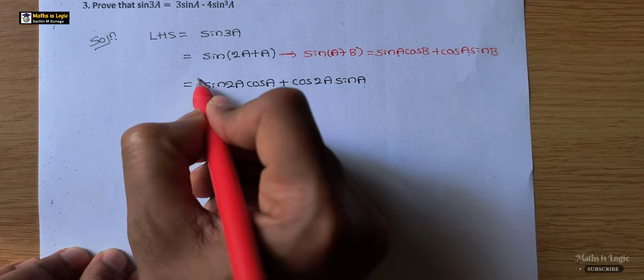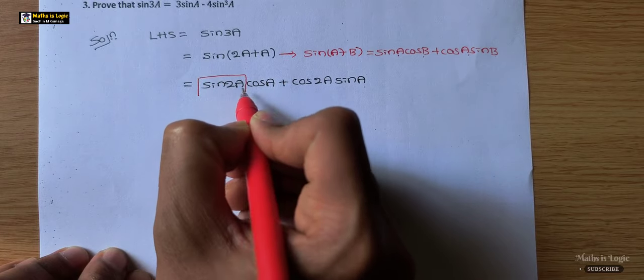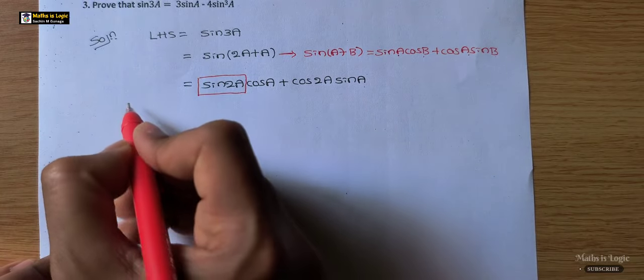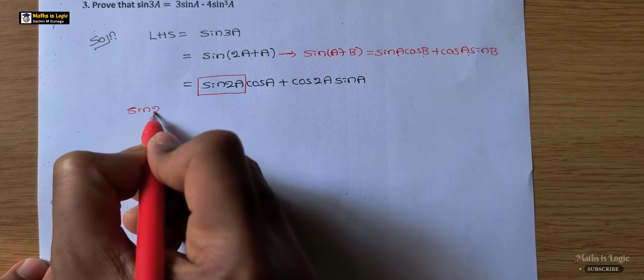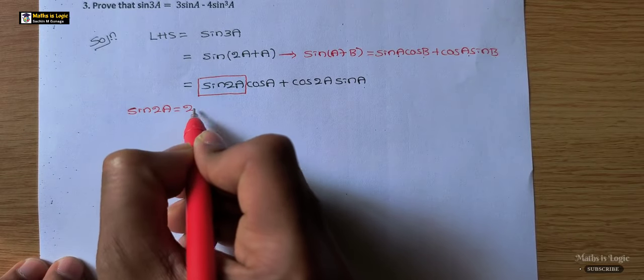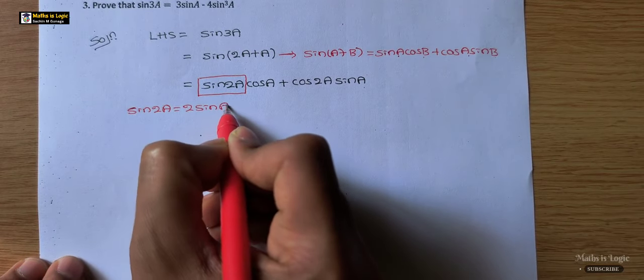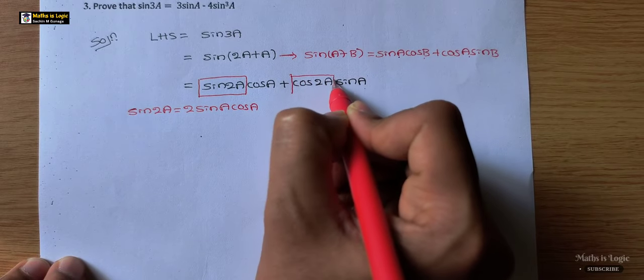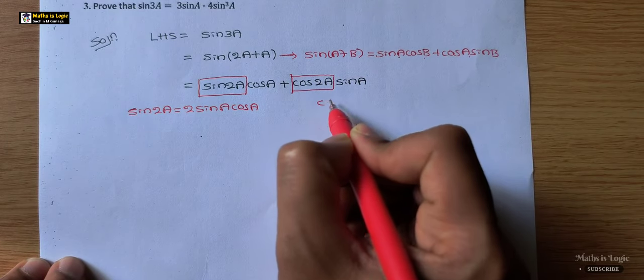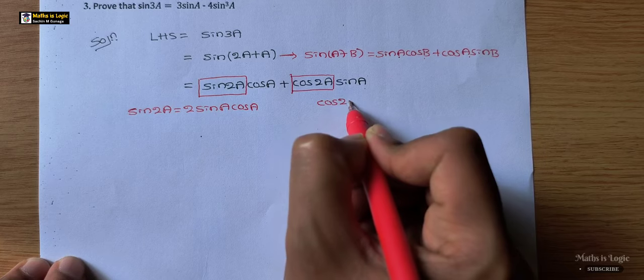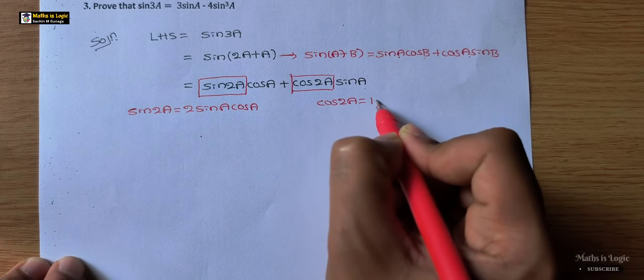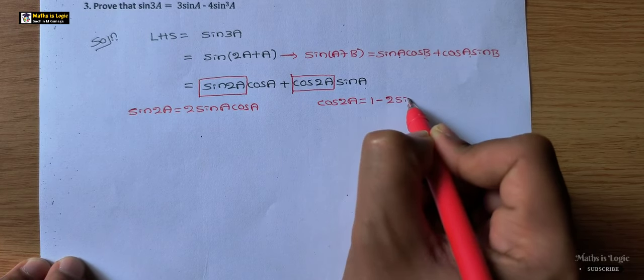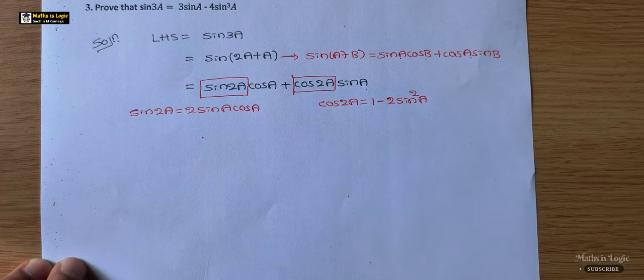Next, again apply two more formulas. We know sine 2a can be given by 2 times sine a into cos a, and another one, cos 2a, is 1 minus 2 into sine square a. Now replace.